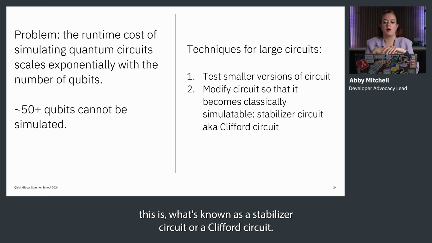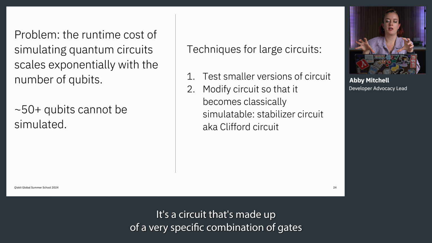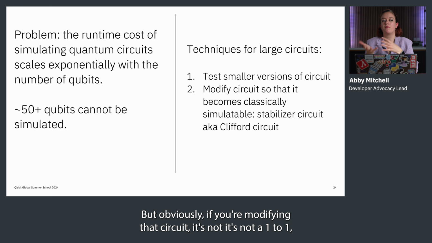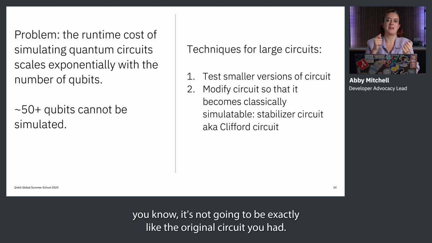This is what's known as a stabilizer circuit or a Clifford circuit. It's a circuit that's made up of a very specific combination of gates that can be efficiently run on a simulator. But obviously, if you're modifying that circuit, it's not going to be exactly like the original circuit you had.